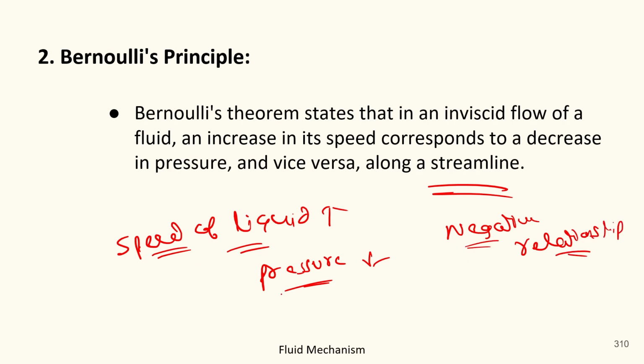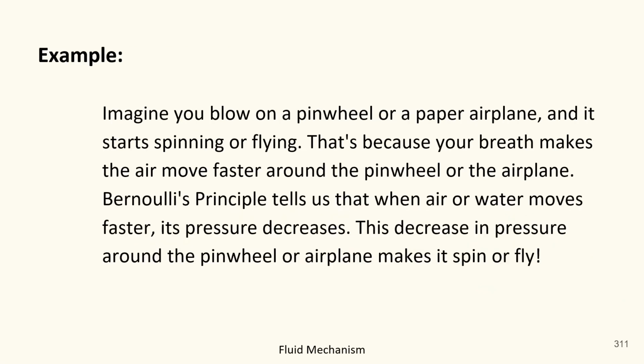Got it? And similarly, if the pressure increases, then the speed of liquid will decrease. Got it? So that was Bernoulli's principle. Now let's take an example. Imagine you blow on a pinwheel or a paper airplane. It starts spinning. That's because your breath makes the air move faster around the pinwheel or the airplane.